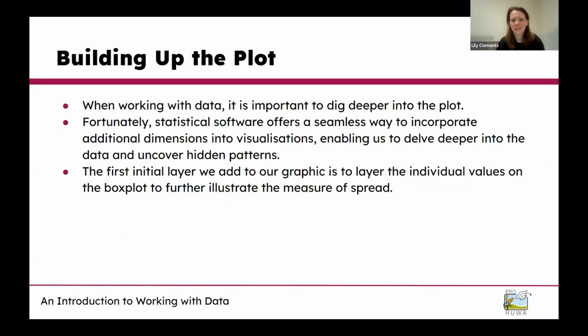When working with data, it's important to dig deeper into the plot. Fortunately, statistical software offers a seamless way to incorporate additional dimensions into visualizations, enabling us to delve deeper into the data and uncover hidden patterns. The first initial layer that we're going to add to our graphic is to layer the individual values on the box plot to further illustrate the measure of spread.